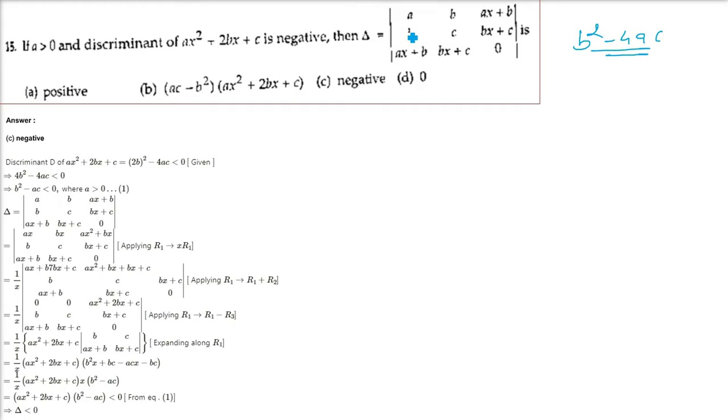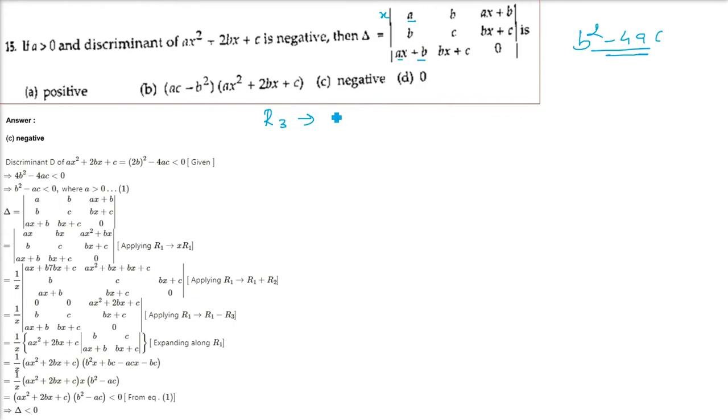And since the middle coefficient is 2b here, it will be 4b square minus 4ac, that is b square minus ac. So b square minus ac is less than 0. Since a is greater than 0 already, the discriminant will always be less than 0.